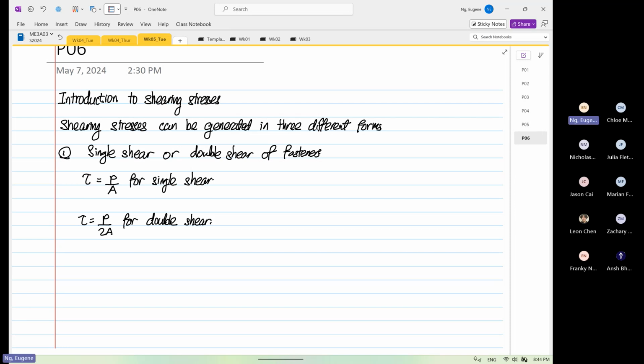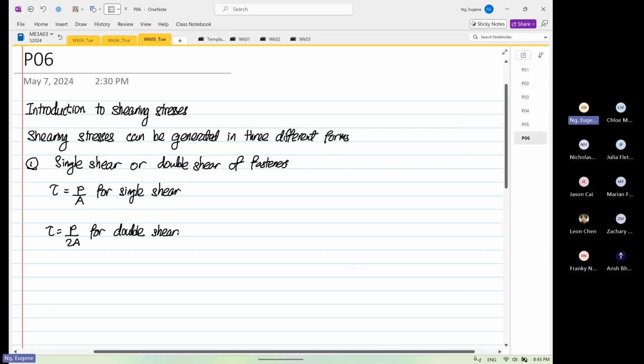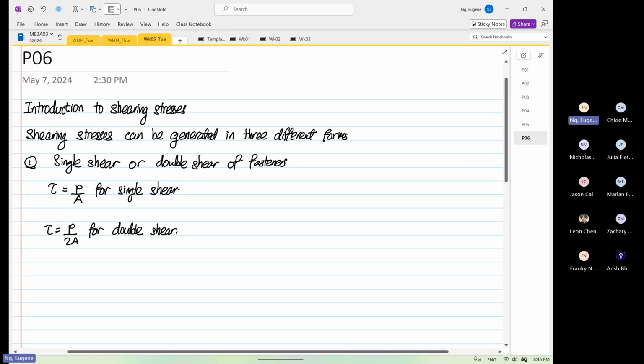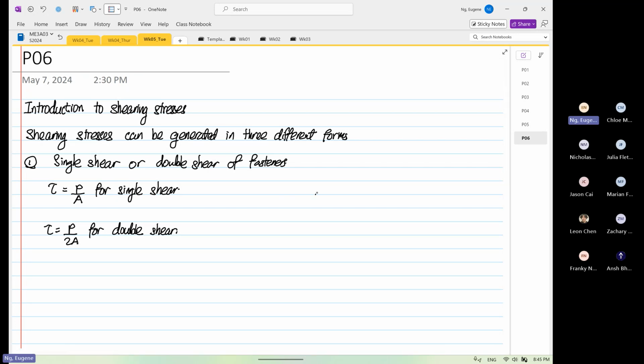So we tend to ask ourselves, what is a single shear and what is a double shear? Now if we have two plates, or we have a bolt, so this is our bolt or fastener. And then we have a plate over here, and then we have another plate over here.